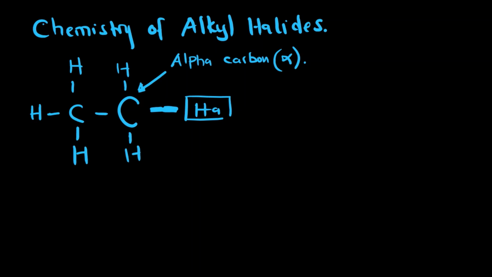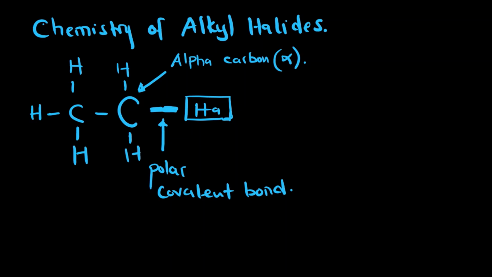And the bond that is formed between the alpha carbon and the halogen is a polar covalent bond. So there is sharing of electrons between the carbon and the halogen.